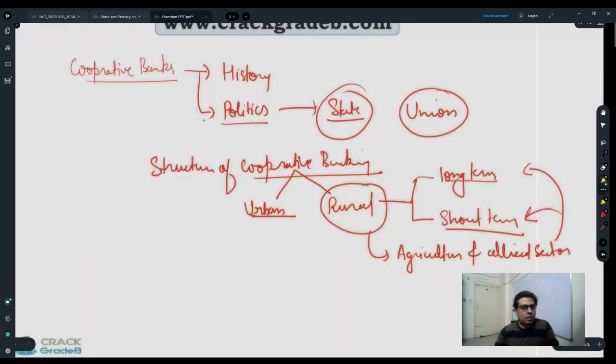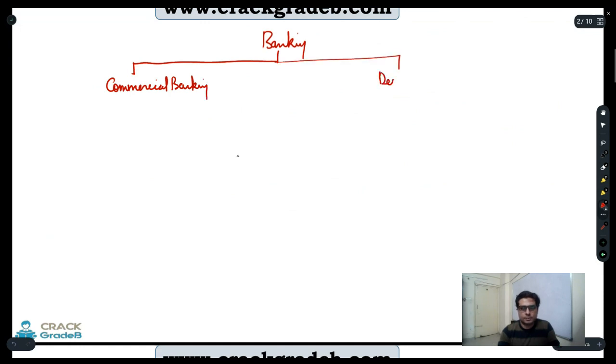So now our entire structure of banking in India is over. We have started with this structure: banking, commercial banking, and other is development banks.